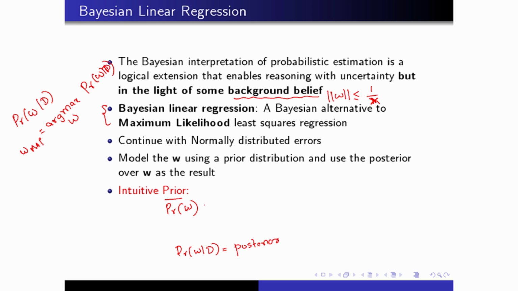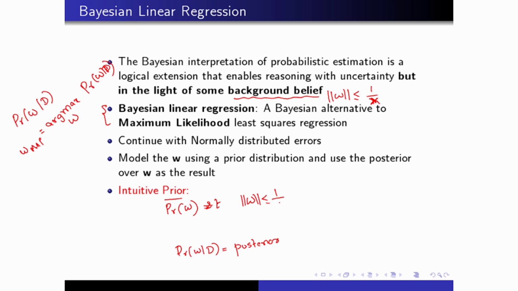An intuitive prior for the distribution on W before having seen a data turns out to be something we've already seen, which is we want probability of W such that norm of W is bounded.